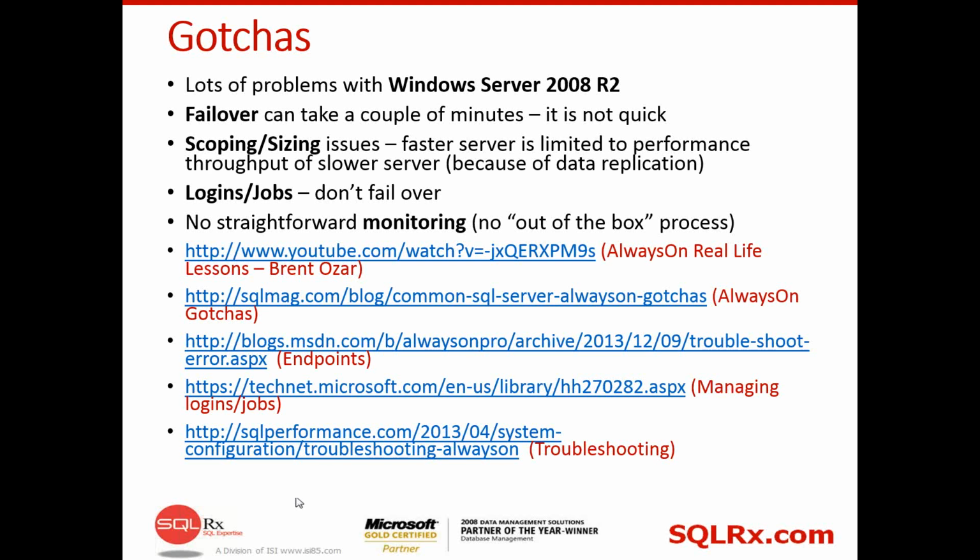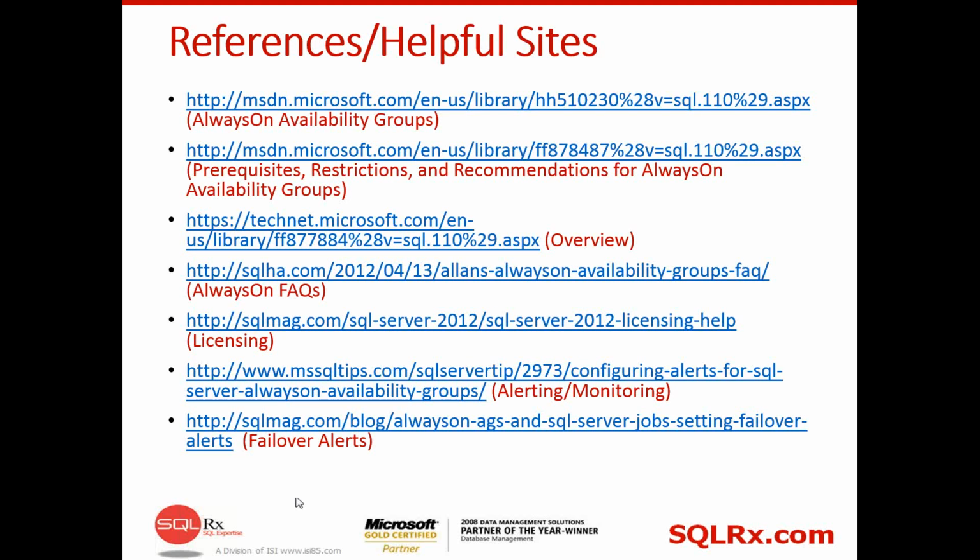Now, there are a lot of good sites and resources available, and I've listed a few here for you. And I've also listed some really good resources for just general information about AlwaysOn. So today we'll discuss some new terminology, some of the features and benefits. We looked at the prerequisites for installing, and then we went over the actual steps for installing.